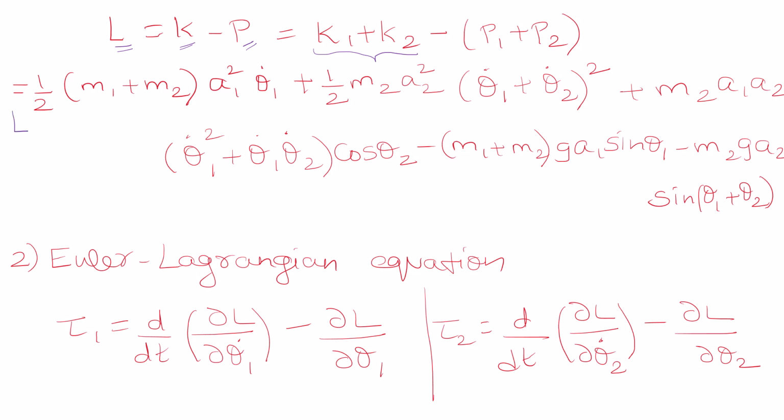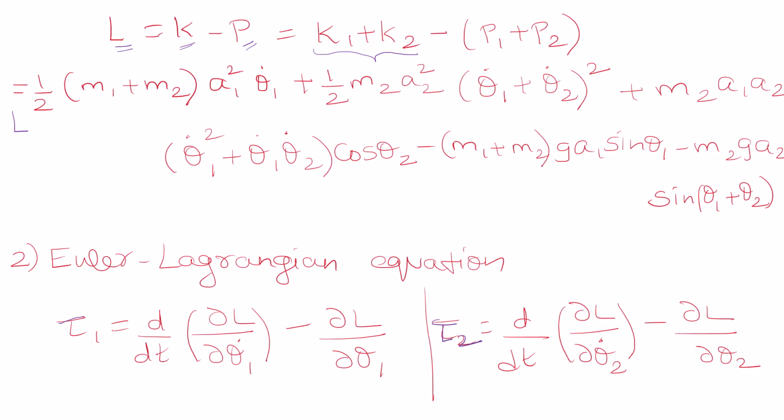The second step is that you need to get the Euler-Lagrange equation. Here we have a 2R manipulator, so we need to know the torque required to actuate both joints. Let us assume the torque driving joint 1 to be tau 1, and the torque driving joint 2 to be tau 2, right?